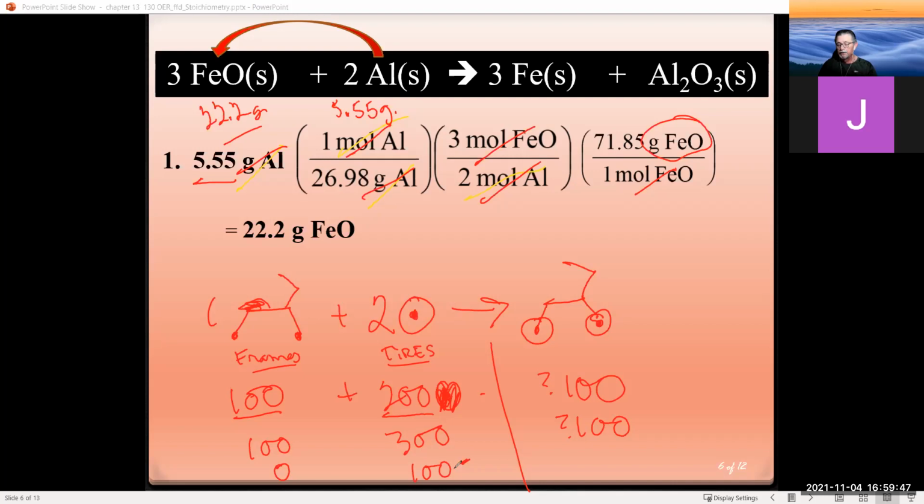And so here, the tires had nothing to do with how many I actually make at the end of the day. The frames did, because that was my limiting factor. But what if I only had 100? What if I had 100 frames and only 100 tires?